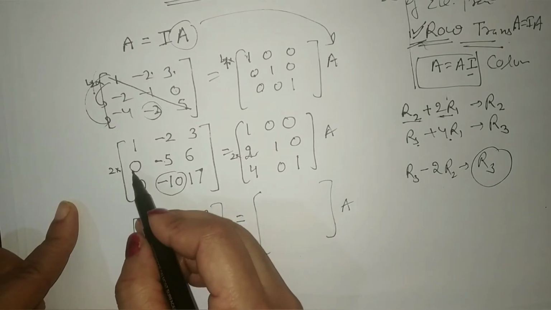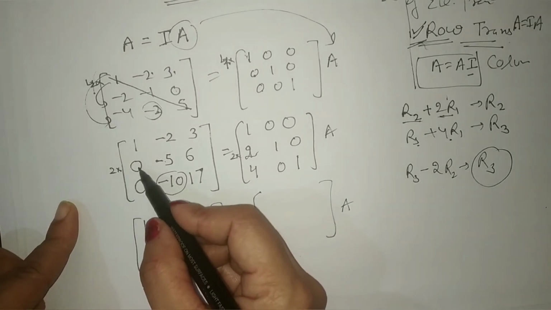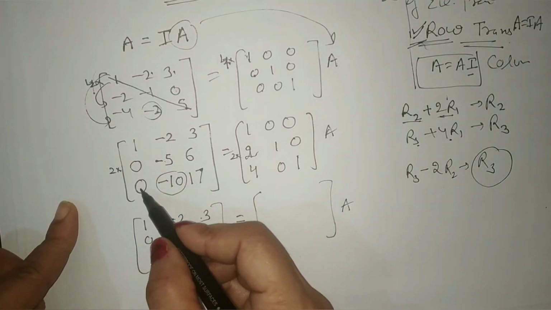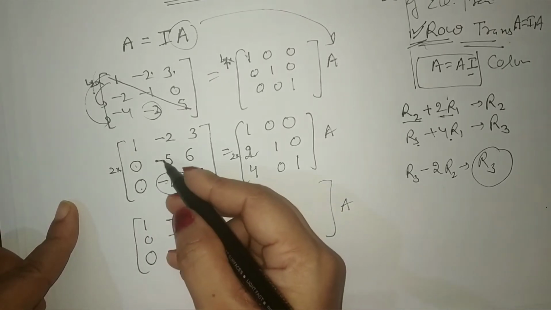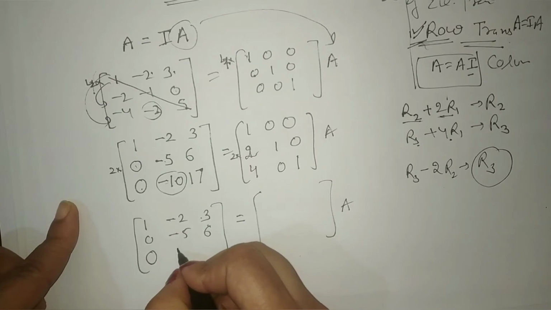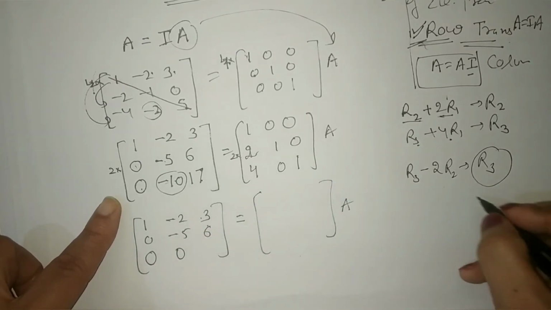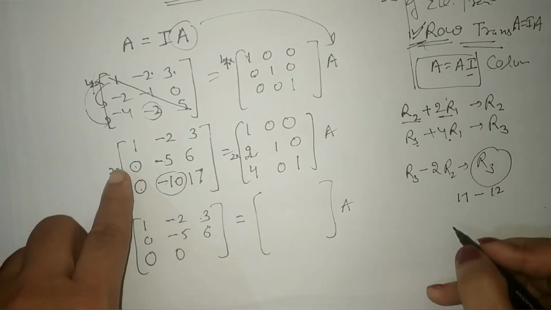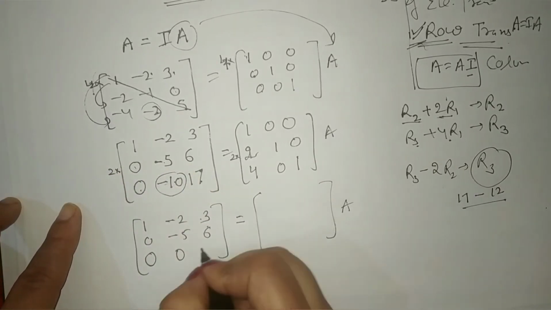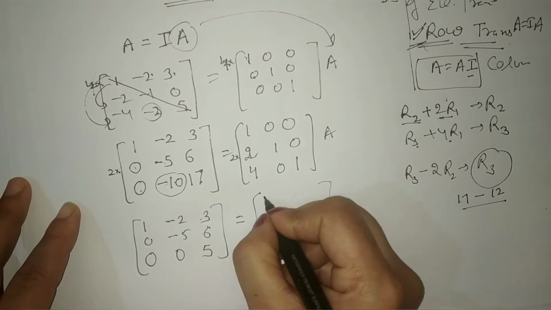The third row will be obtained by multiplying the second row by 2 and subtracting from it. 0 minus 0 is 0, minus 10 plus 10 becomes 0. Now what will this be? 17 minus 12, because 6 multiplied by 2, this will be 5. So this we are left with.